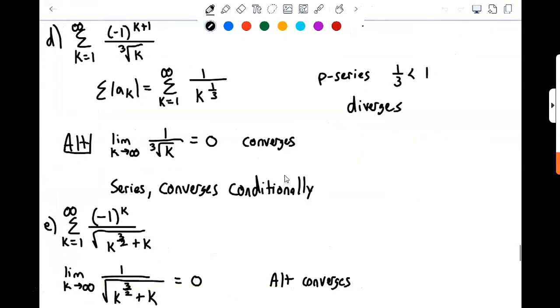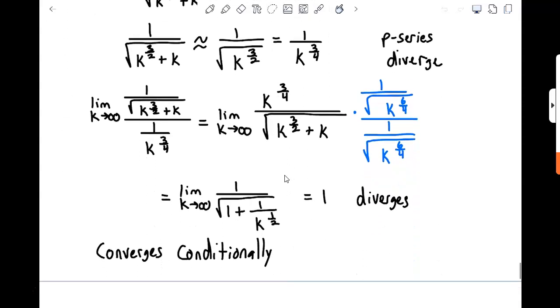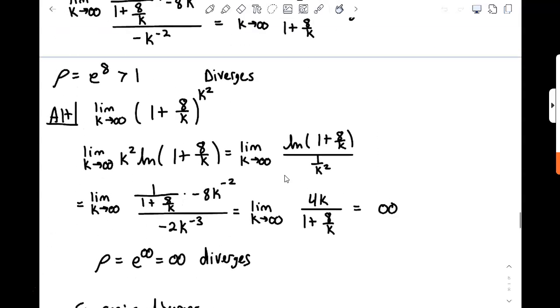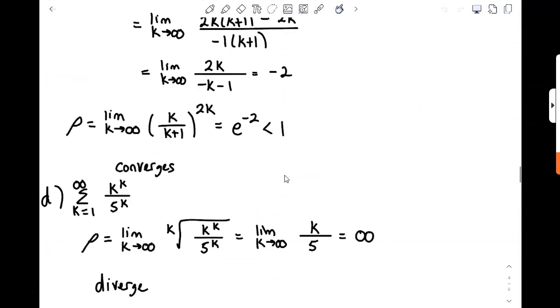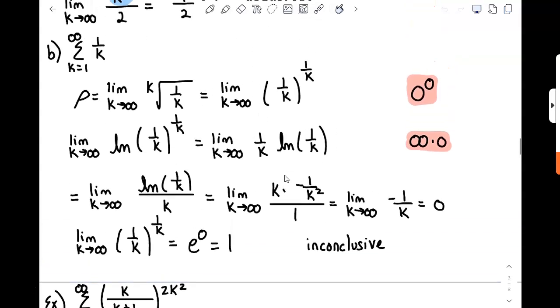So back in 10.7, we did an example where we did the kth root of k. Let me see if I can find that real quick here for you. We did do it in a problem. I think it was with our initial examples with the root test.